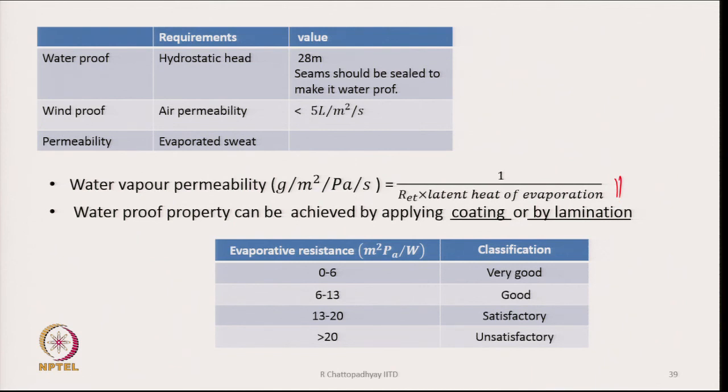Waterproof property can be achieved by applying coating and by lamination. So, the last layer that we make has so many requirements. How to make it waterproof? That is by coating and lamination. By choosing a fiber which is also hydrophobic in nature, we can choose polyester, which is anyway hydrophobic in nature. We can choose nylon also, which is not as hydrophobic as polyester, but it will also absorb very little moisture.